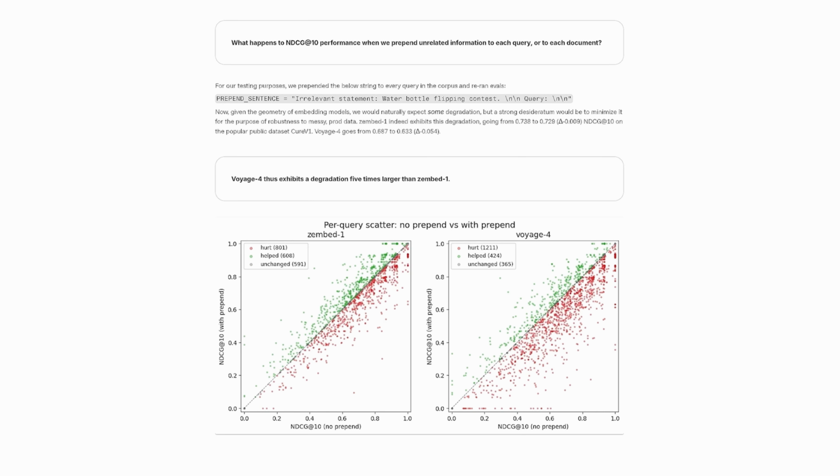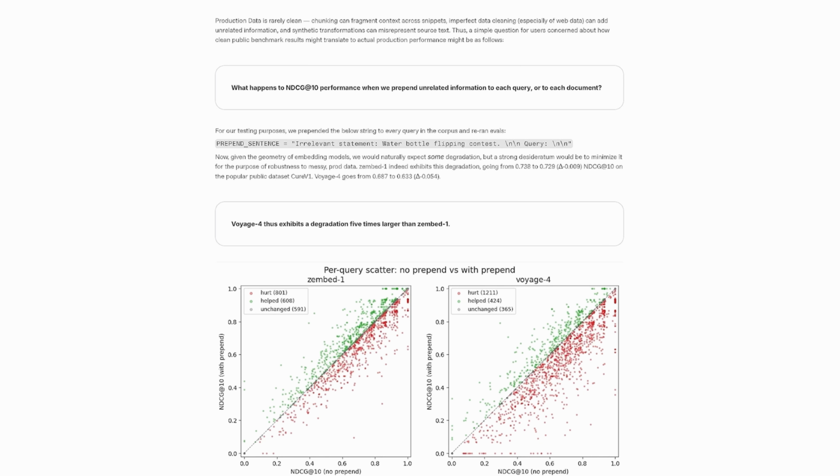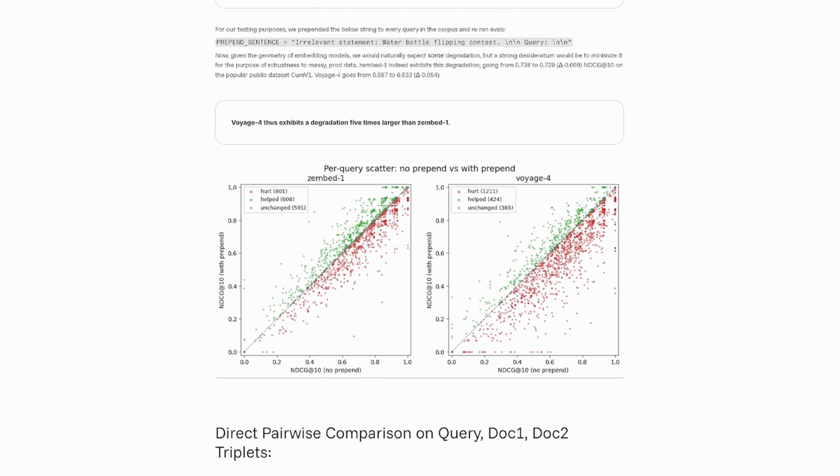So we did this funny experiment where we added an irrelevant statement to the query, which is basically this random water bottle flipping contest. We just added that to the queries and tried to see what the degradation was like on, I believe, CureV1, which is a public healthcare related data set.